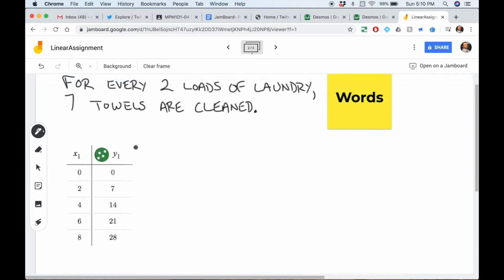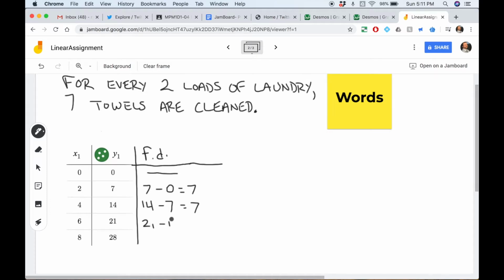So we learned last week about patterns and first differences, and we can do some first differencing calculating here. My first difference would be my Y value, 7, minus the Y value above it. So I get 7. 14 minus 7 is 7. 21 minus 14.